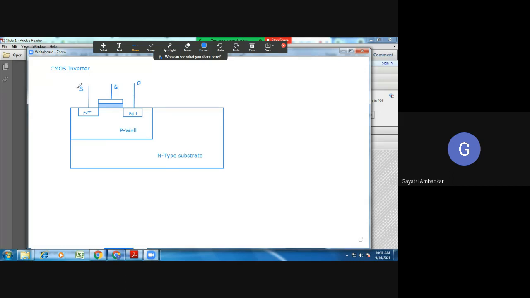Fine. Now you know you have to take one terminal from the body. So this terminal is taken out from body, then connect them with each other, okay, and connect it to the ground.